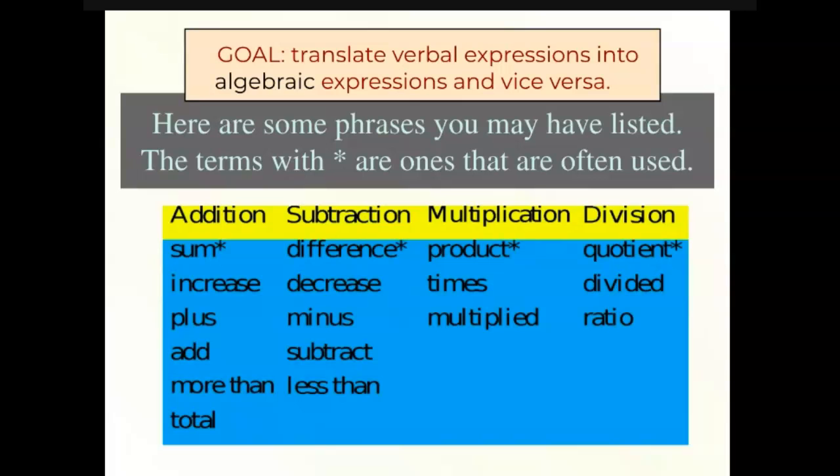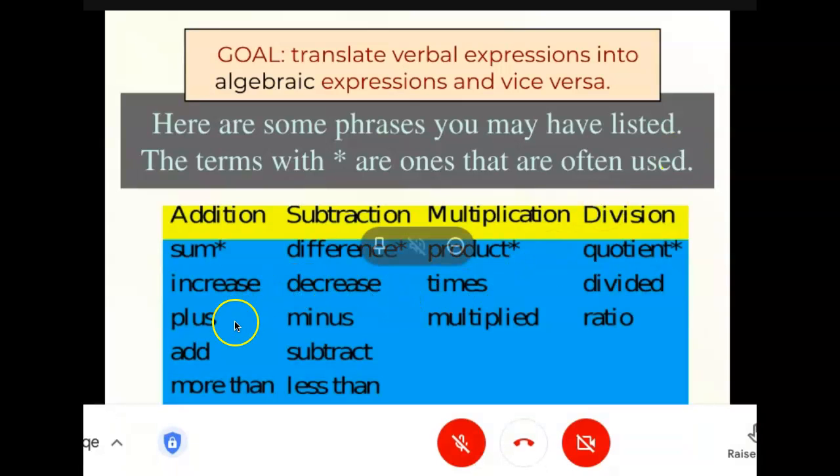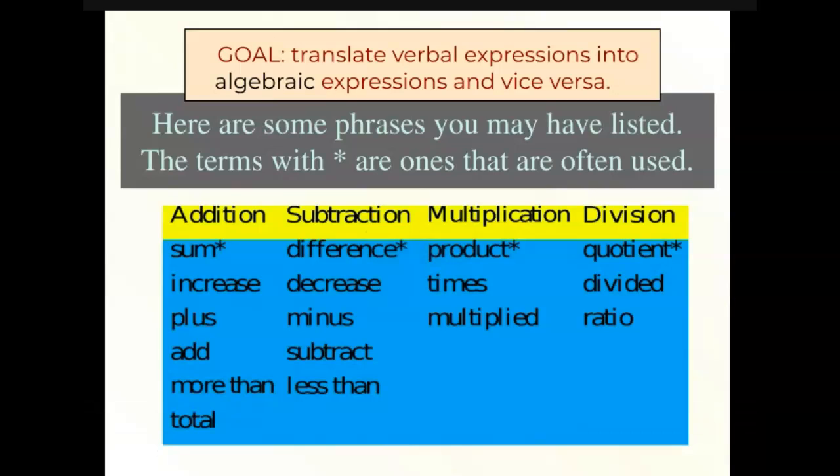But in addition, you could also see the words increase, plus, add, more than, total, difference, decrease, minus, subtract, less than, right? Quotient, divided, ratio for division. There are a lot more words, and they are not limited to these. There might be more words you could encounter later on working in a word problem.